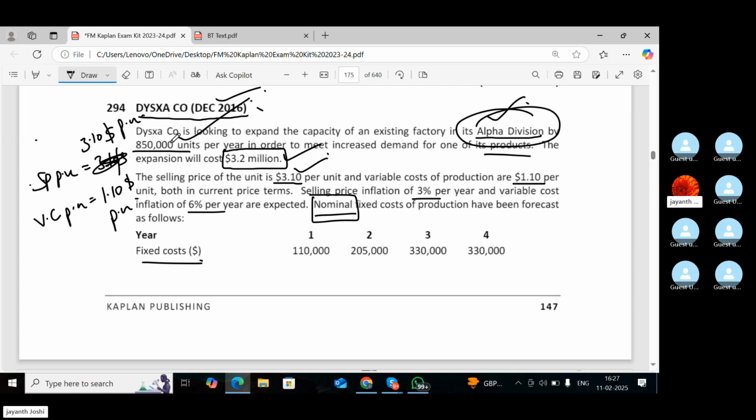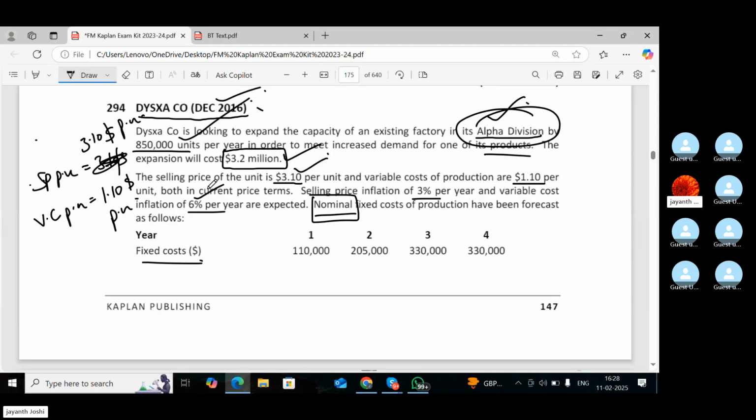Our ultimate aim is to find out the cash flow. So I'll show you the way to find out the cash flows, and the NPV layout as well. And then they have again given the information that the selling price is not going to be stable. It's going to get inflated, the inflation adjustment you need to do is 3%, and variable cost you need to adjust by 6%.